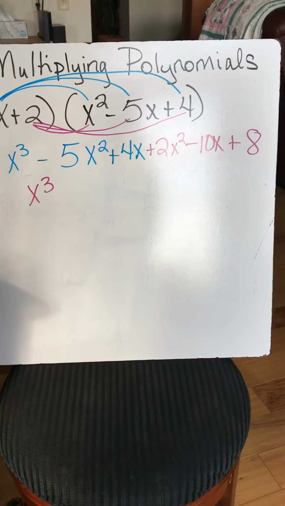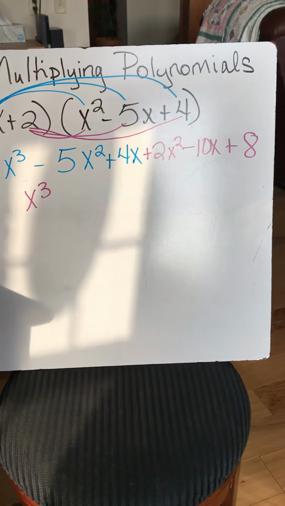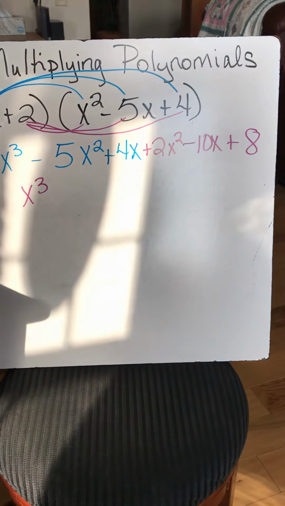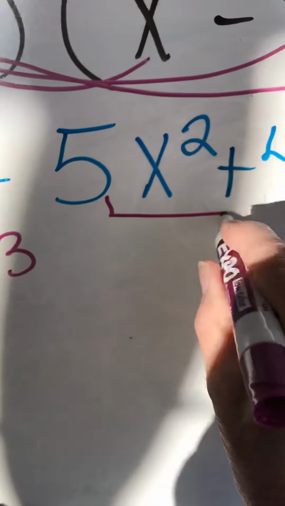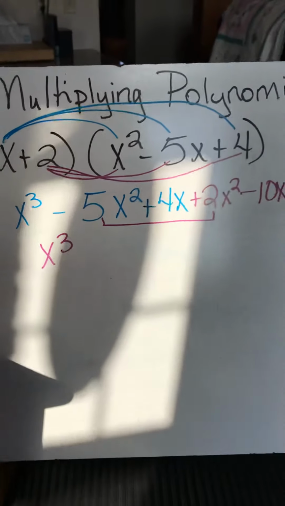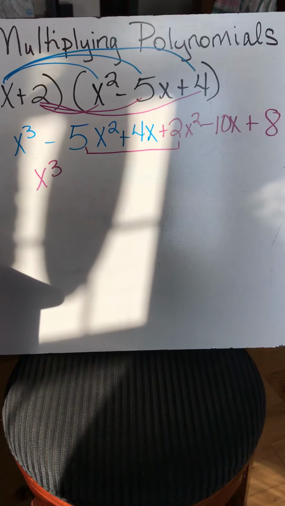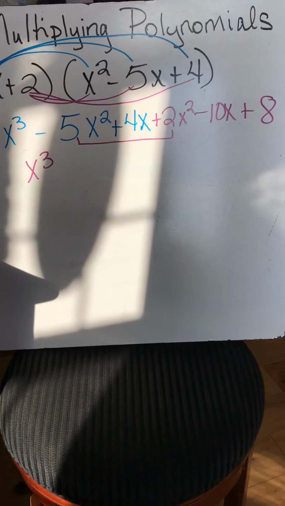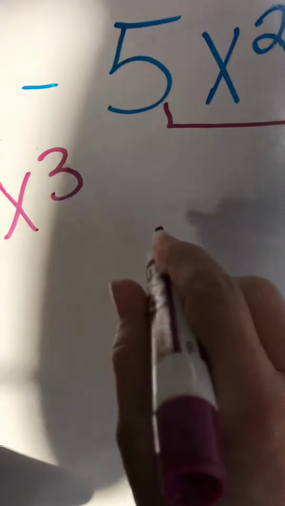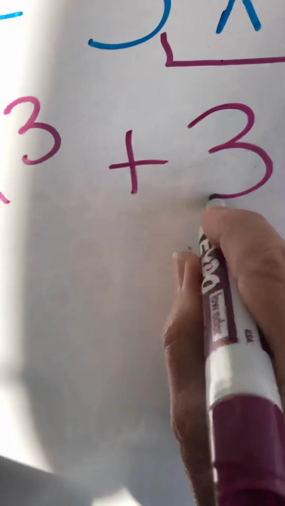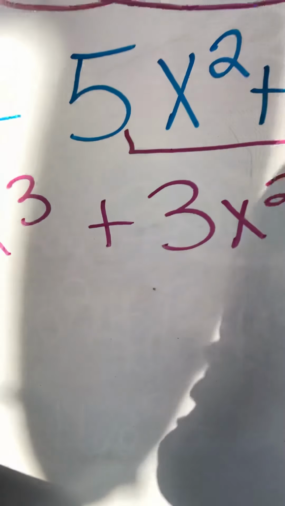What can I put with it? Do you see the positive 2x squared? So we're going to put together the negative 5x squared and the positive 2x squared. A negative 5x squared and a positive 2x squared would be a positive 3x squared. So I will bring down plus 3x squared.